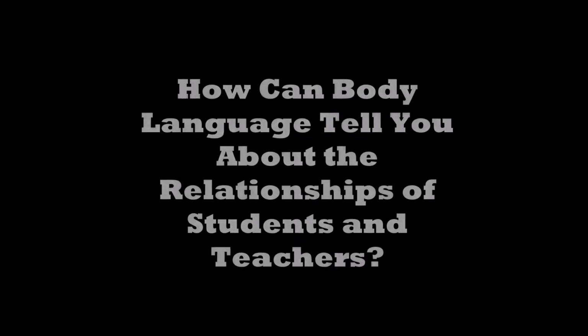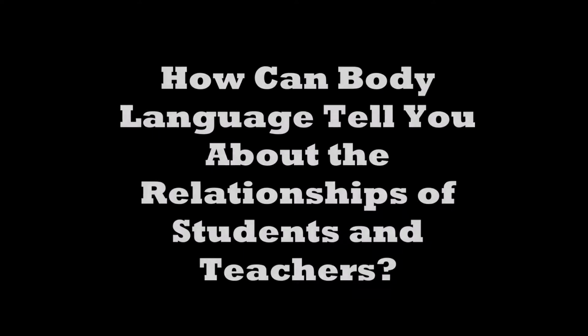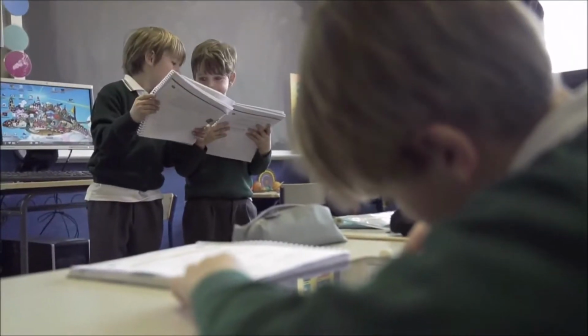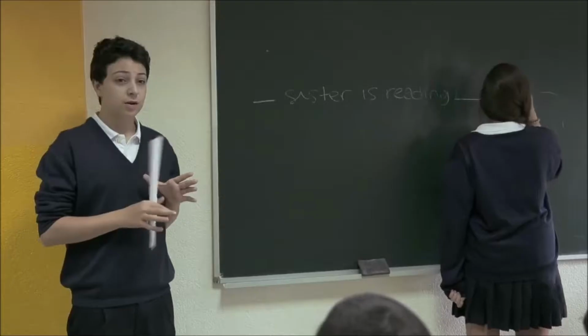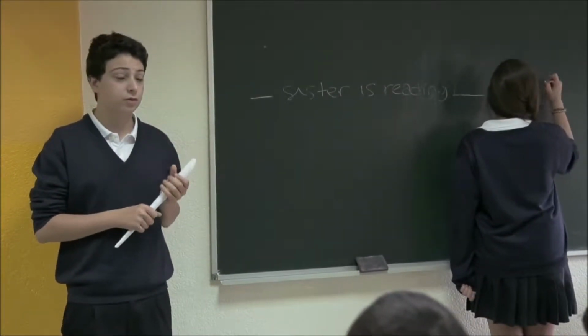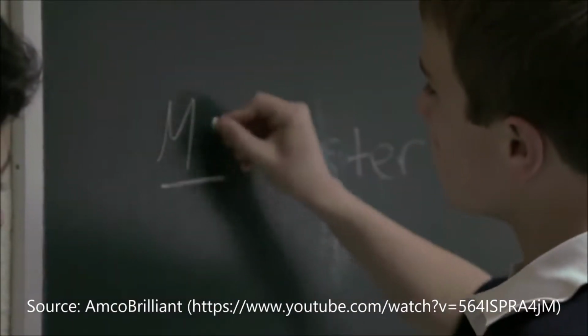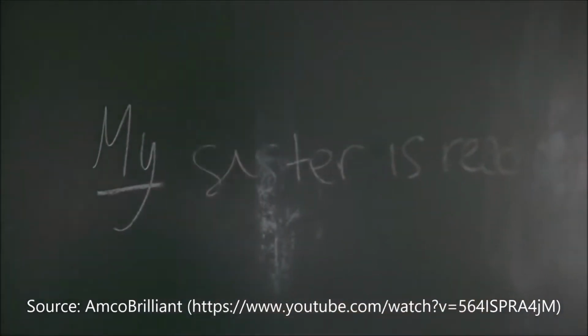How can body language tell you about the relationship of students and teachers? Actions speak louder than words. Master teachers understand they need to study the body language of their students. They are proactive by asking questions and using a coaching model to better understand students.